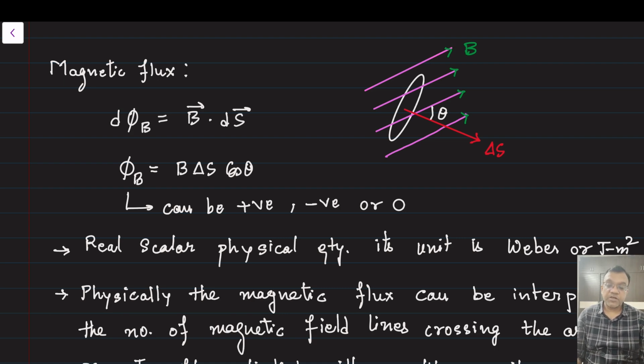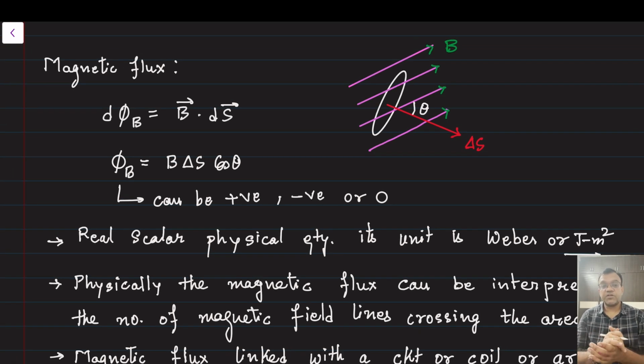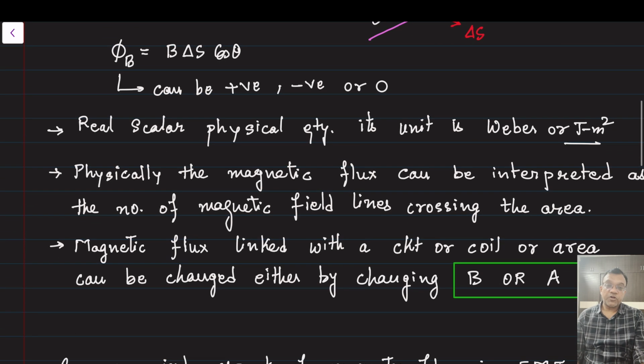Now just like electric flux physically represents the number of electric field lines, the magnetic flux also represents the number of magnetic field lines crossing the surface. Magnetic flux linked with a coil or circuit.